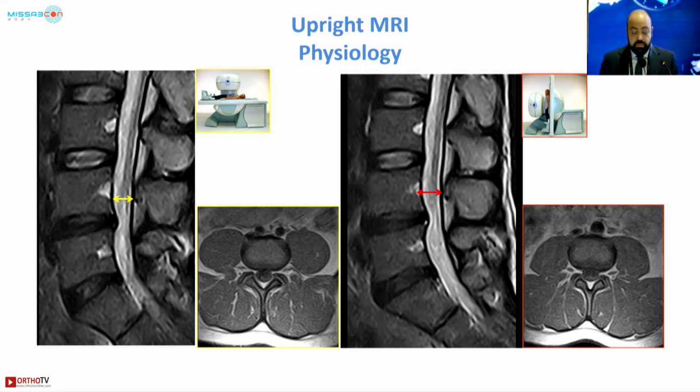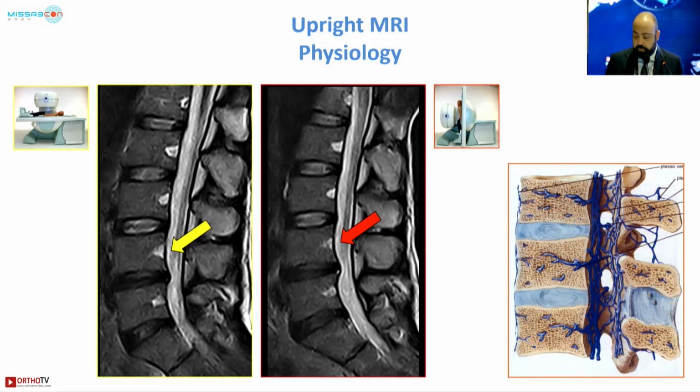First of all, we must also consider the physiological changes in the lumbar spine under load. For example, normally under load we can have a distension of the thecal sac due to the increased hydrostatic pressure, and also a reduction of the epidural venous plexus, which are normal changes.